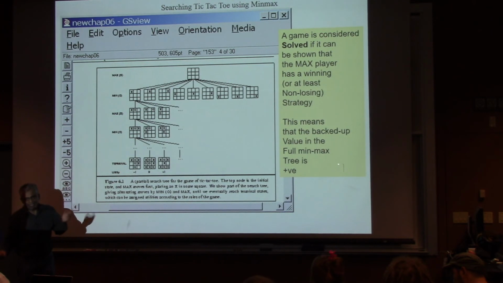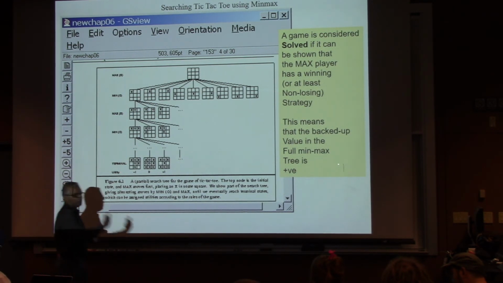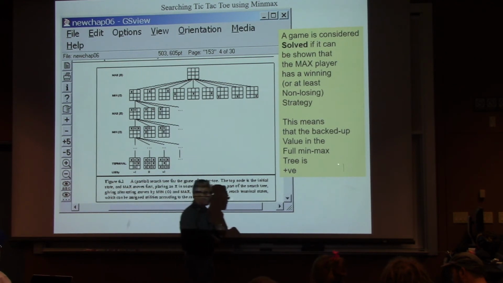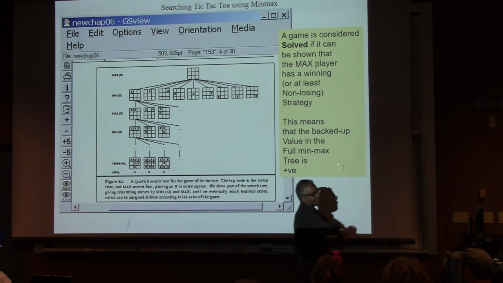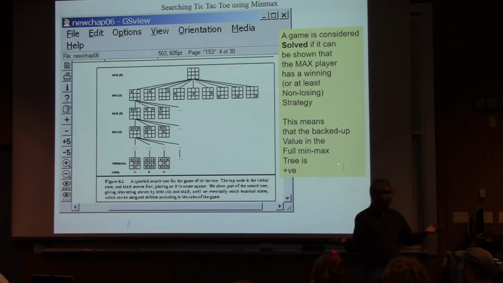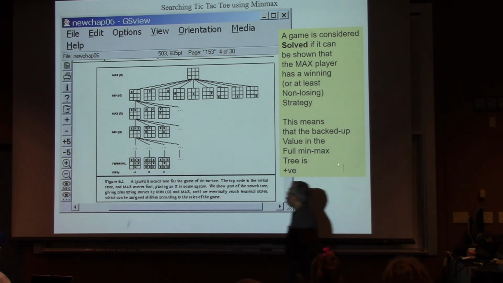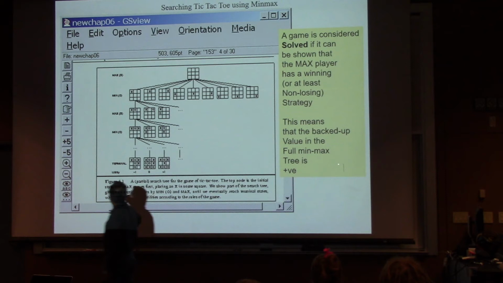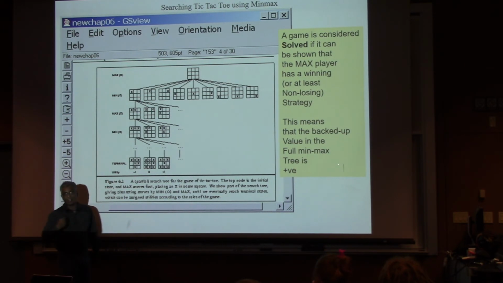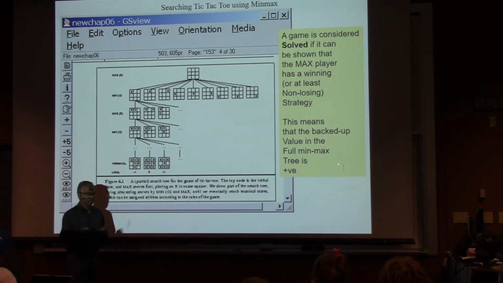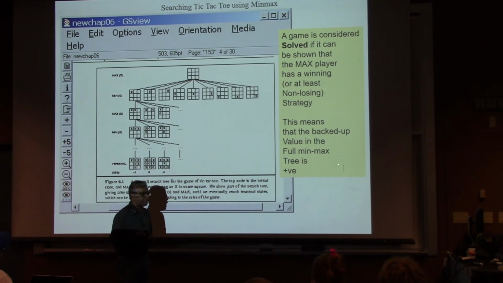So again, the way the game works is that max puts their cross, then min puts their dot, then max puts their cross, and min puts their dot. And then there's this very complex set of rules about how tic-tac-toe works that I hope you figured out in grade school. If you're not from the US, then look it up on Wikipedia. Essentially, anybody who controls an entire row, column, or diagonal wins. That's the basic idea.